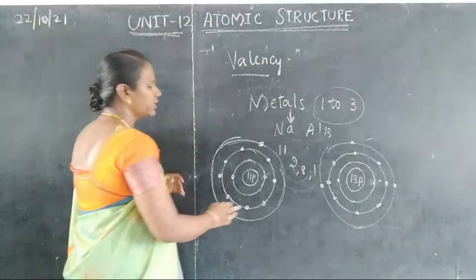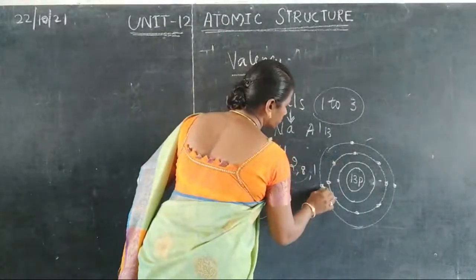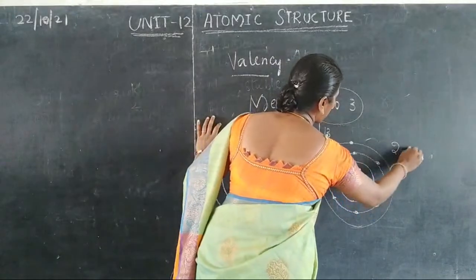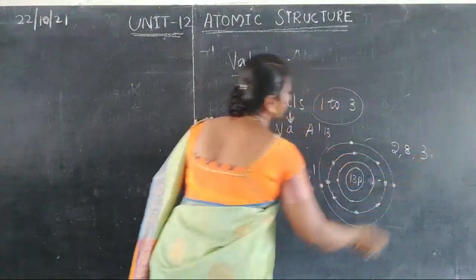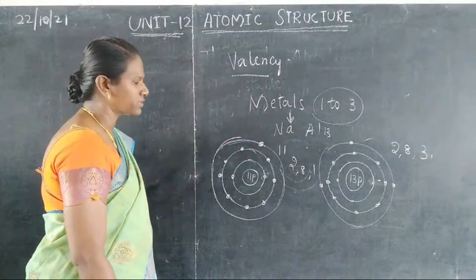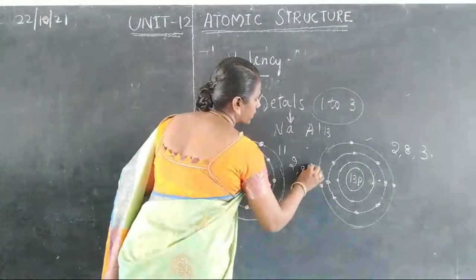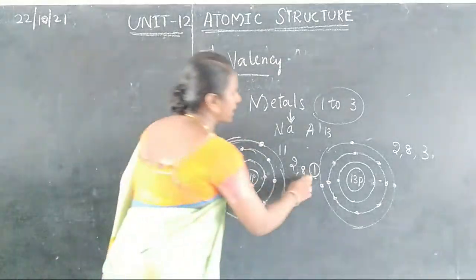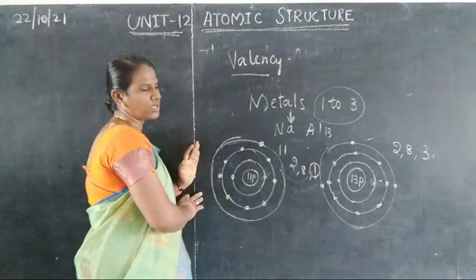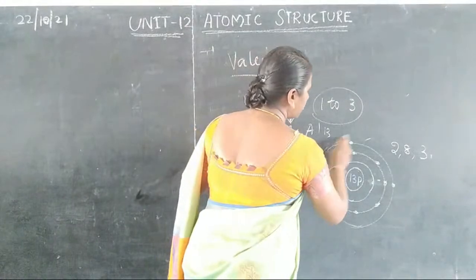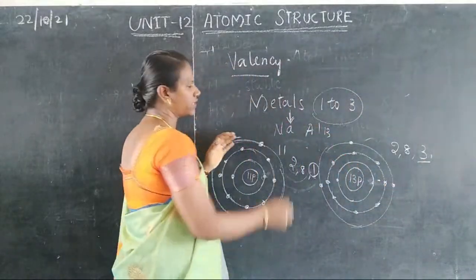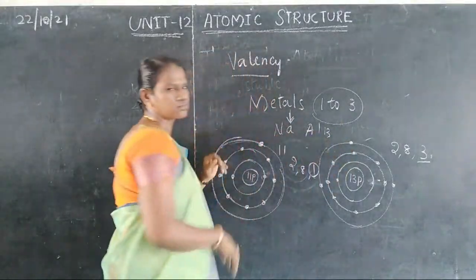So the electronic configuration of aluminum is 2, 8, 3. So sodium is a metal which contains 1 electron in its outermost shell, and aluminium contains 3 electrons in its outermost shell. So these are called metals.